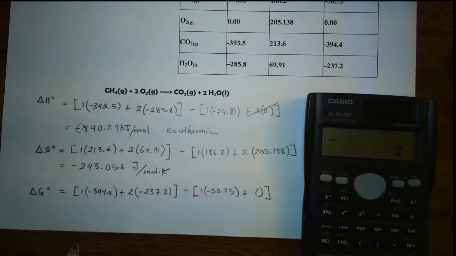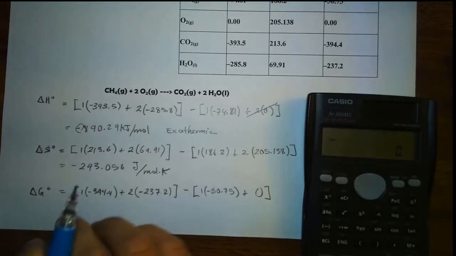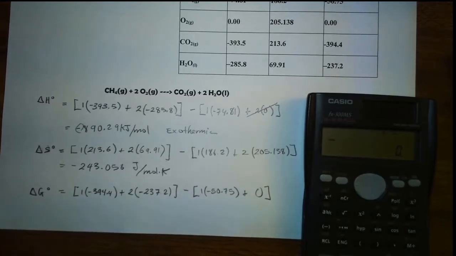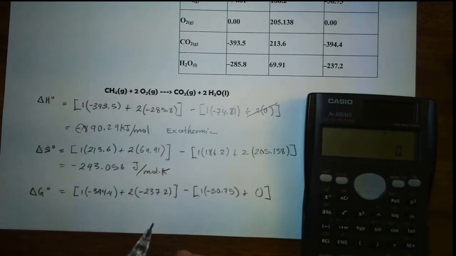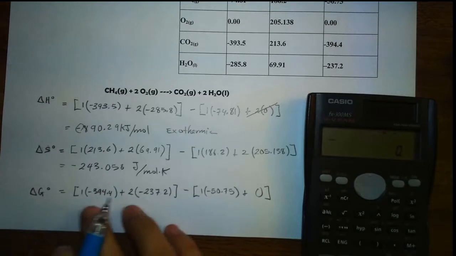Okay. Now let's plug everything into a calculator. Remember that bracket represents parentheses. Or if you like to do it the long way, you can simplify them one by one. Your choice. But I like to plug them all at once.